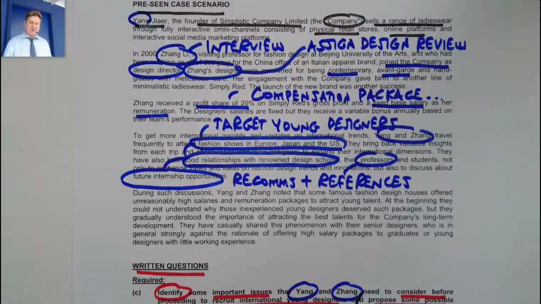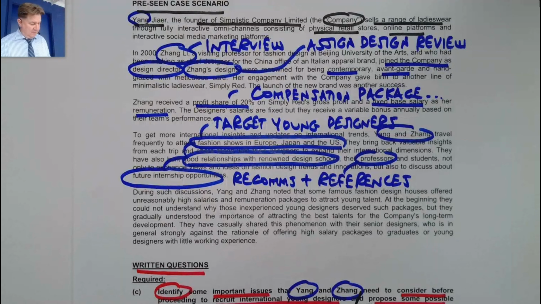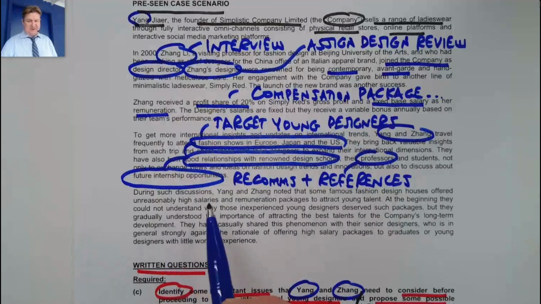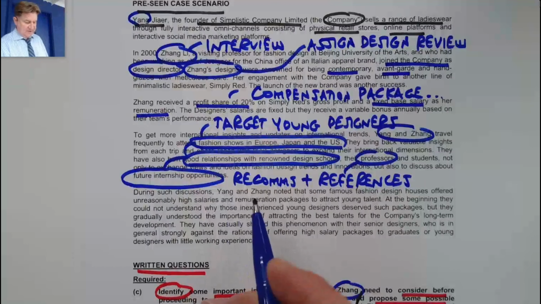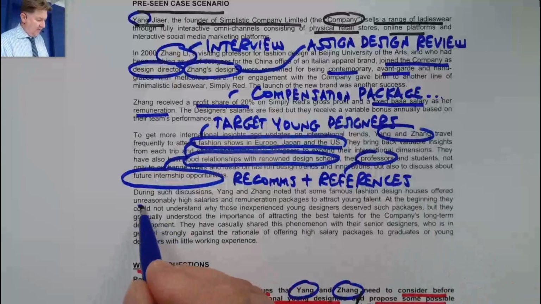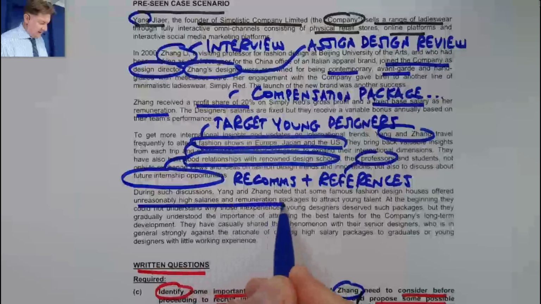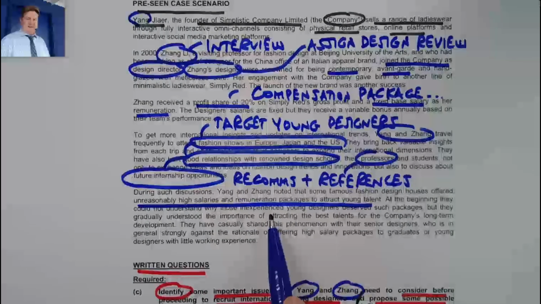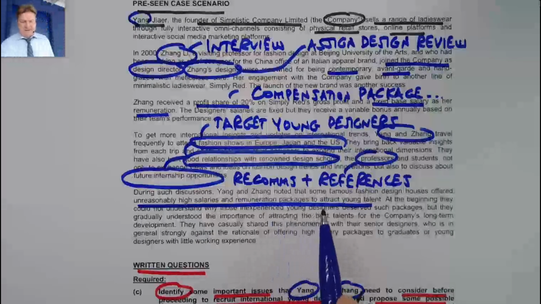So all this looks good, all this we can be mentioning, but there is a little problem here. It says, during such discussions, Yang and Zhang have noted that some famous design houses have offered unreasonably high salaries and remuneration to attract young talent.